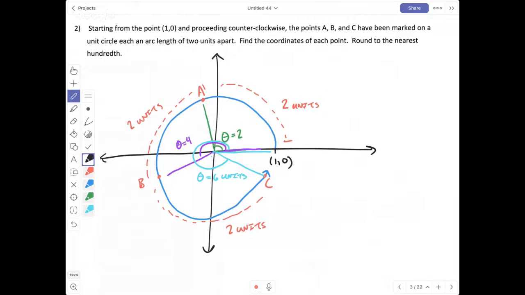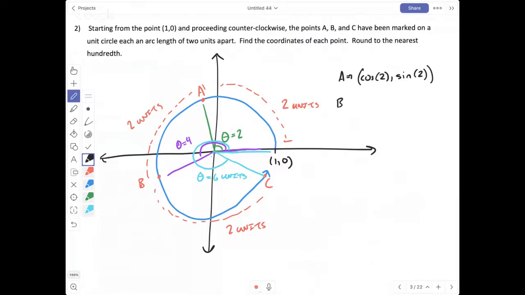On the unit circle, every unit is 1 radian because the radius is 1, and that's what a radian is. You also know that on the unit circle, the xy coordinates are the cosine and sine of the angle. So if the angle is 2, then point A is going to be cosine 2, sine 2.